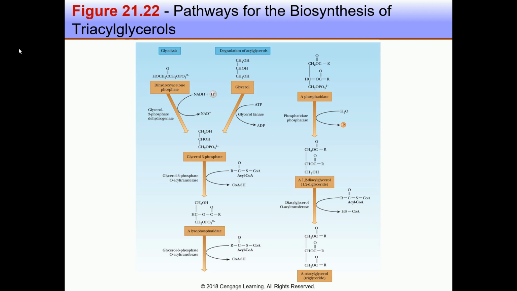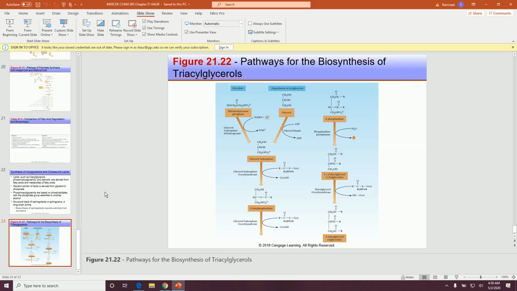And then with the help of the enzyme called phosphatidate phosphatase, the phosphate group is removed, and what is formed is called 1,2-diacyl glycerol, and then with the help of the enzyme called diacyl glycerol acyl transferase, the third acyl group is attached, and as a result of that, a triglyceride is formed. So that's all what you need to know. If you have any question, please let me know.